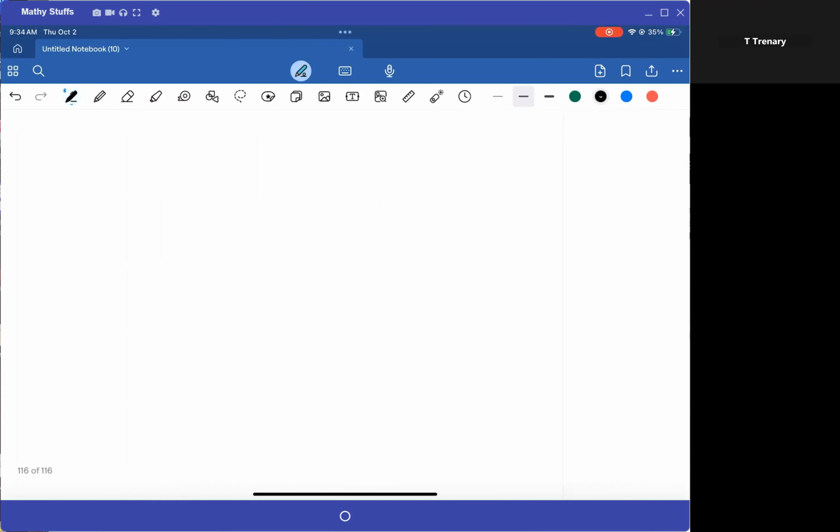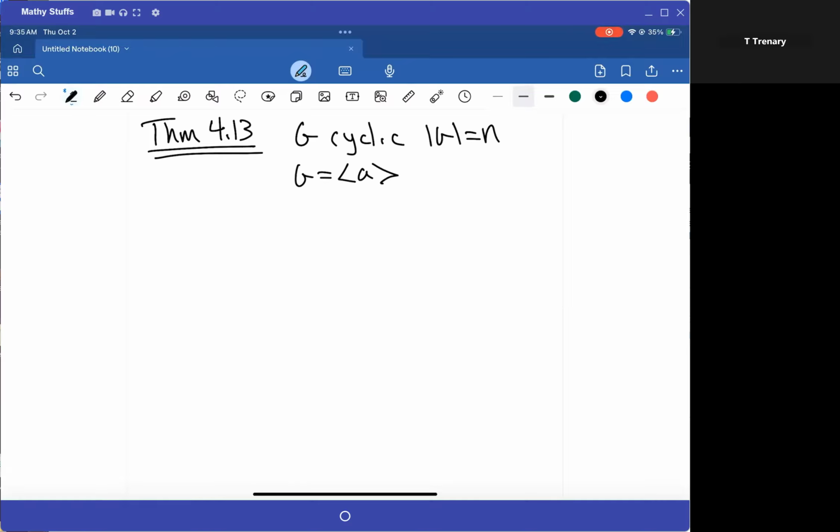Lastly, the final result was Theorem 413. And Theorem 413 says that G is cyclic of order n, and G is generated by a.